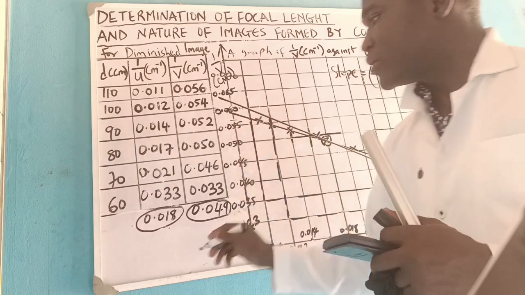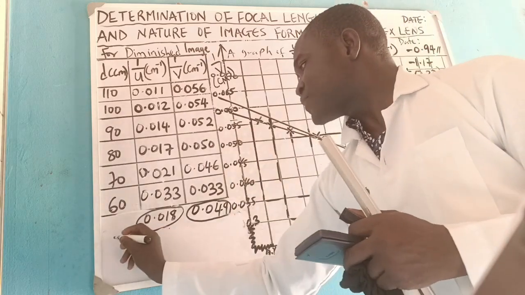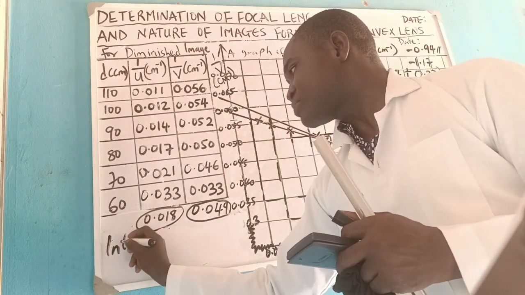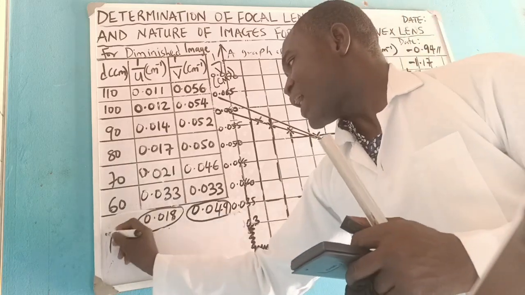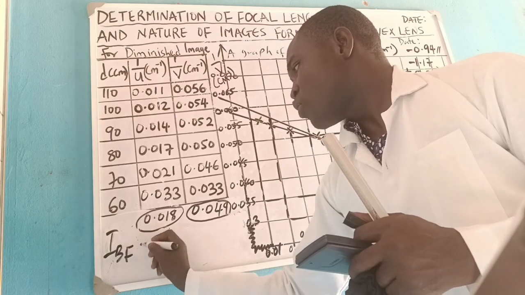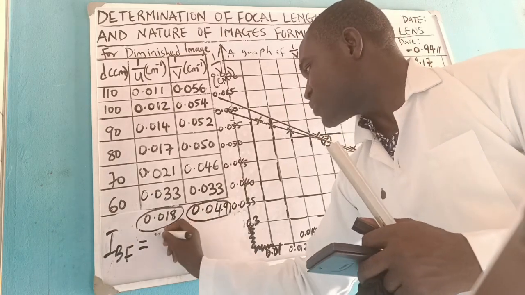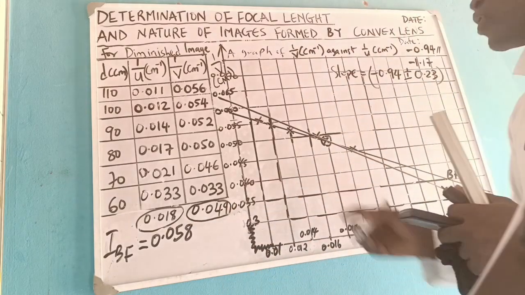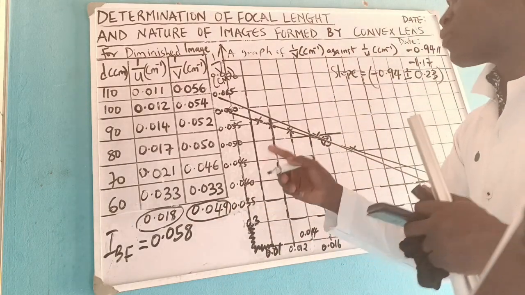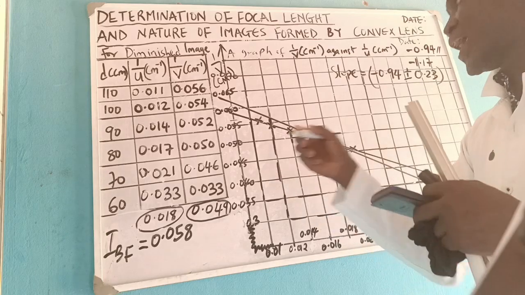Can you see it here? So for the intercept of the best fit, we have it to be about 0.058. Can you see? So about 0.058 is our intercept there.